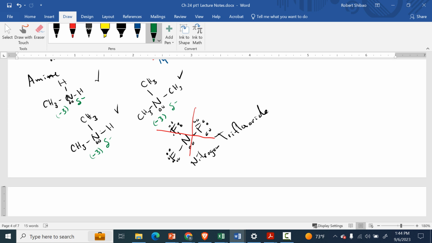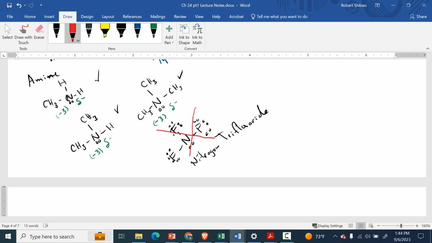So if nitrogen takes all the bonding electrons, it ends up with 6 bonding electrons and 2 lone pair electrons, which gives it 8 electrons. The number of valence electrons for nitrogen is 5, so it normally has 5 valence electrons. If it has 8 now, then it's got 3 extra electrons, which gives it a -3 charge. That's how we get that. This one's different.